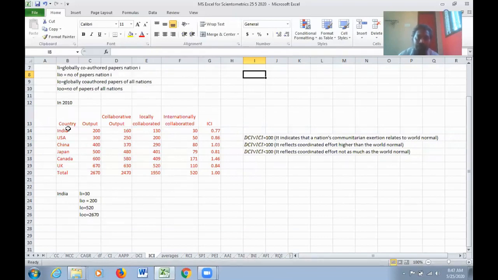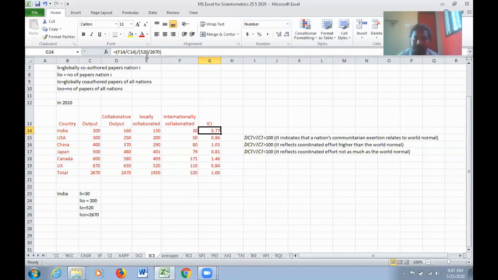Let us take an example. It is like India, total output is 200, collaborative output is 160, out of which 130 we have locally collaborated and 30 we have internationally collaborated. Now how to calculate ICI? F14. That means how many papers India has collaborated with other countries. 30 divided by C14. What is C14? Total output of India. How much? 200. So 30 divided by 200 is one portion.